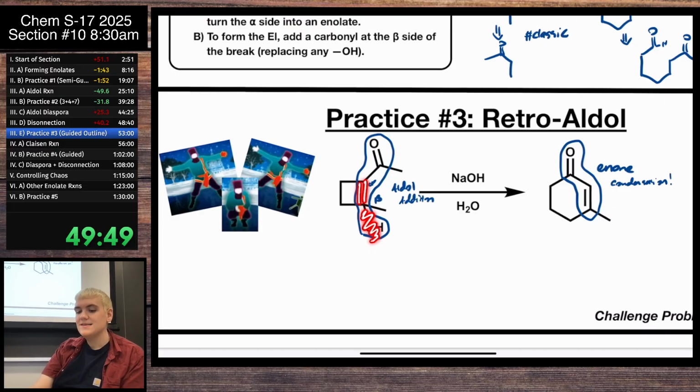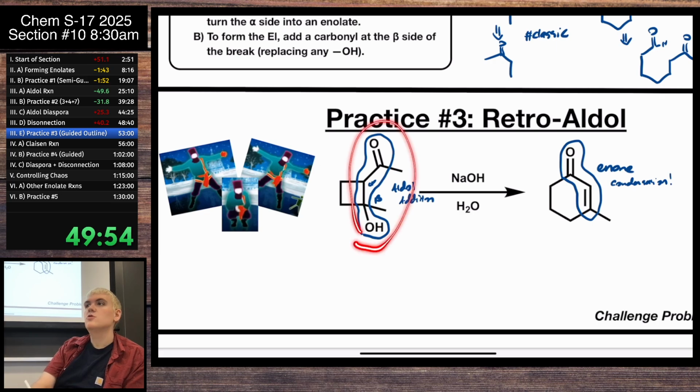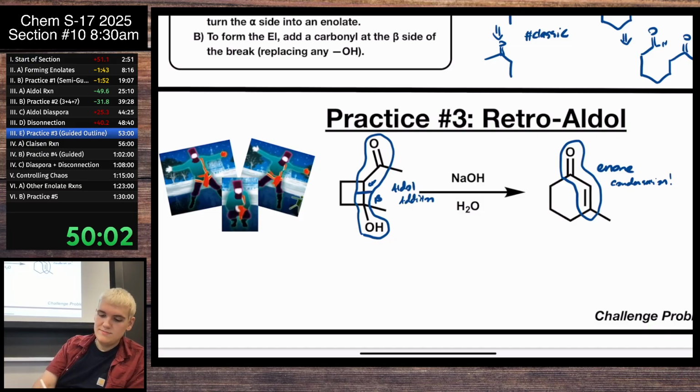So let's try our disconnection with this aldol and try to redraw what it was before the reaction happened. Do the same disconnection that you just did above. We cut at the alpha beta position.